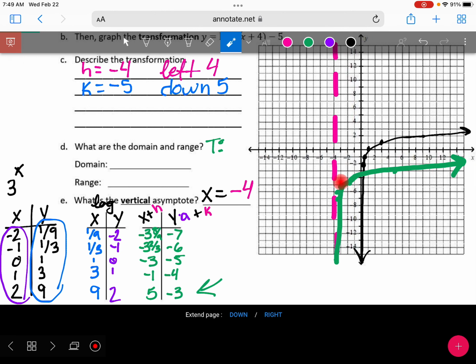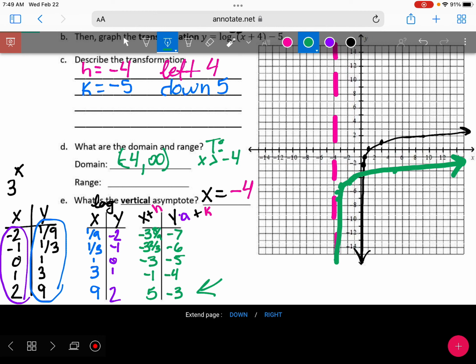What's my edge of the green line? -4. Can it equal -4? Or just get real close? Real close. So we're going to put a parenthesis on it, not a bracket. What's the biggest x can be? Infinity. -4 to infinity. Or you can say x has to be greater than -4. Both of those are entirely valid. You don't have to put both.